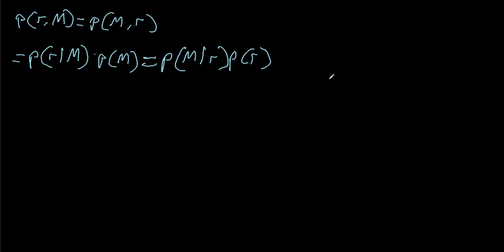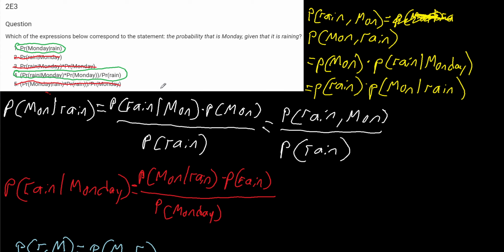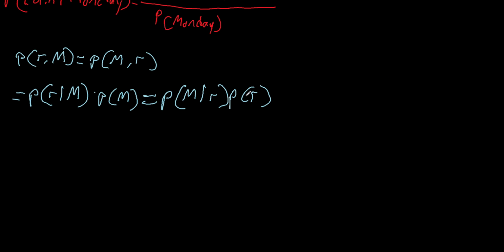Now, if I want to solve for one of these, I'm going to try to solve for the conditional probability. What was our example? Monday, given that it is raining. So I want to solve for this term right here. Well, it's as easy as dividing through by the probability of rain.